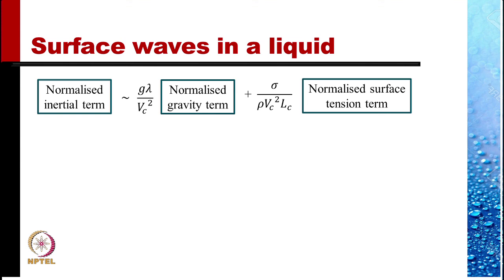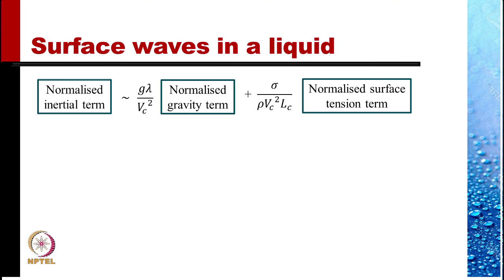Here again, the normalized inertial force would somehow balance the gravity force and the surface tension force. So the equation that we write for the phenomena would have a term, inertial force, on the left hand side, normalized. Then on the right hand side we have the normalized gravity force and the normalized surface tension force.